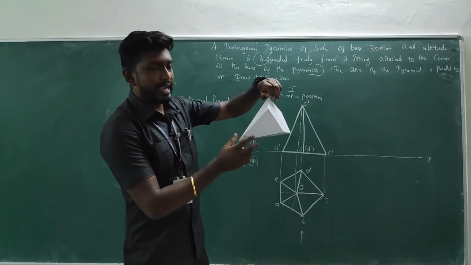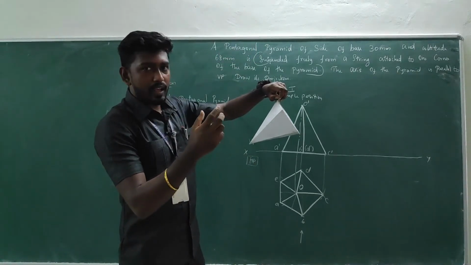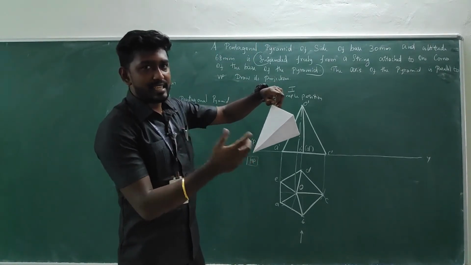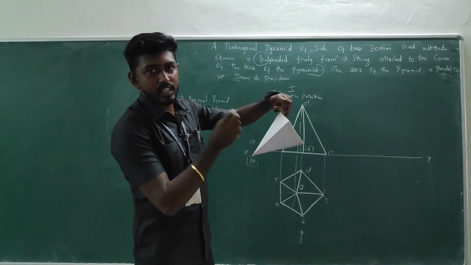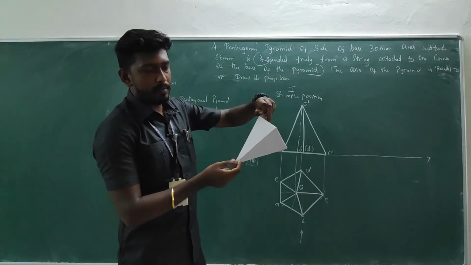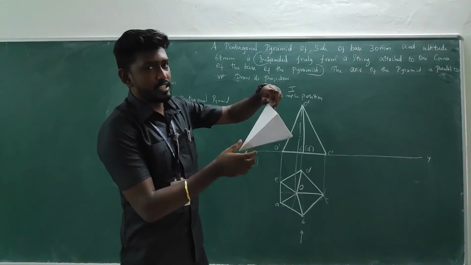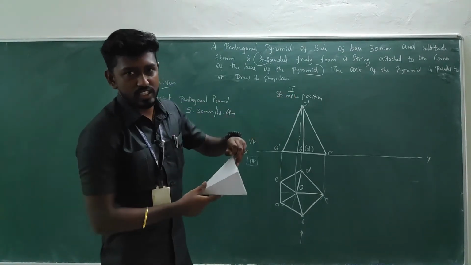So in order to get the standard format of front view and final top view for the free suspension, what we are going to consider here is that it is suspended through the CG, that means the center of gravity point.